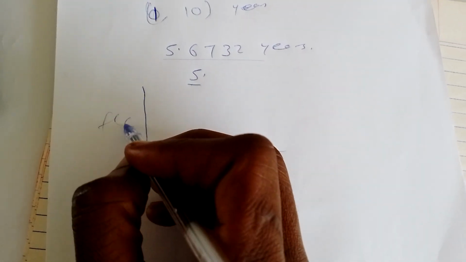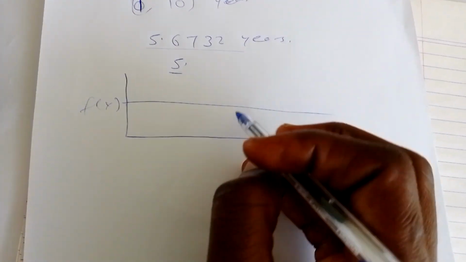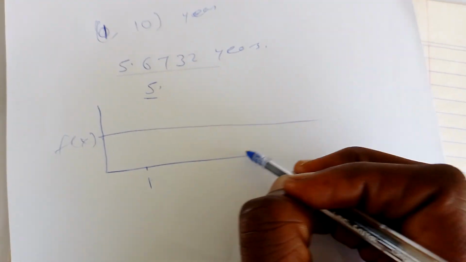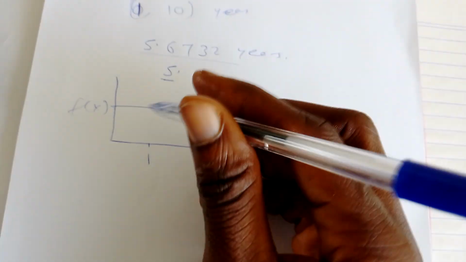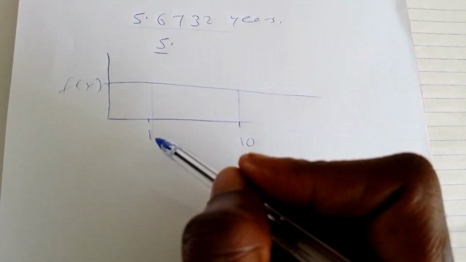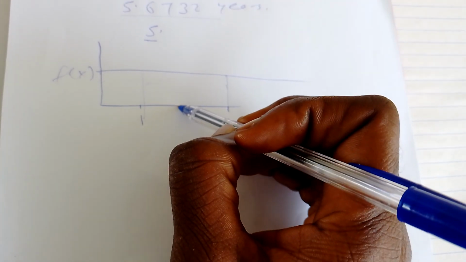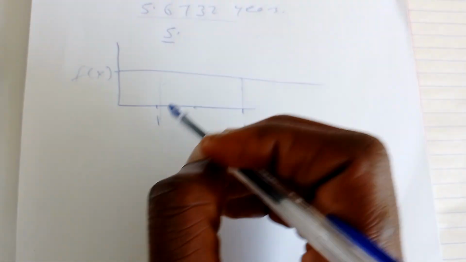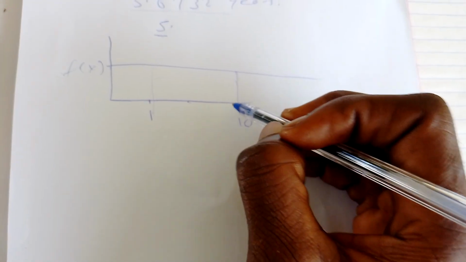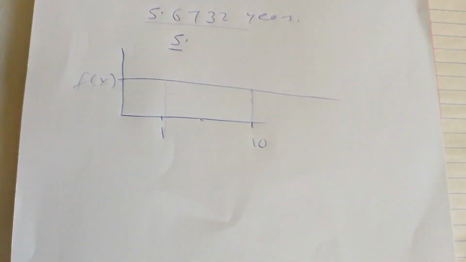So you have some f of x here, which is always some particular value, because everyone is equally likely. Then you have your 1 here and your 10 here, and all the children you are looking for are in this range. If you want someone of one specific age, your probability of getting that person might just be zero because there are infinitely many possibilities: 1.111, 1 point this, up to 9.999.